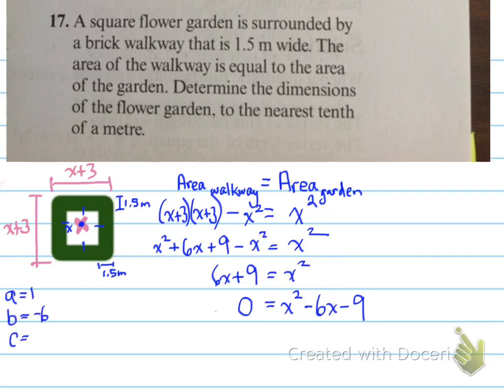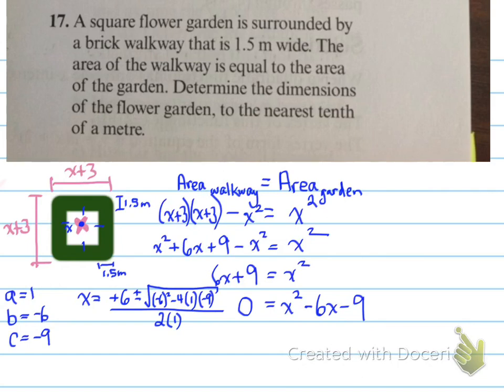So, here is our a, b, and c in our equation. x equals negative b, so b is negative 6, negative 6 is positive 6, plus or minus the square root of b squared, which is negative 6 squared, minus 4 times a times c, all over 2a.